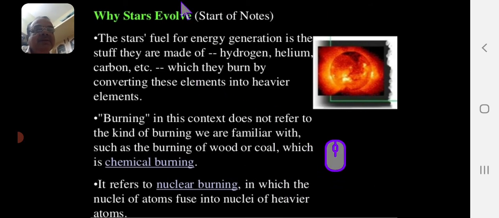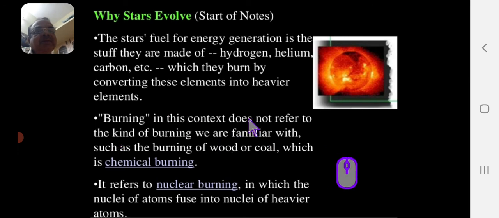So why do stars evolve? The heat energy and light energy developed in the star is due to hydrogen, helium, carbon, etc., which they burn by converting elements into heavier elements. That is called burning.